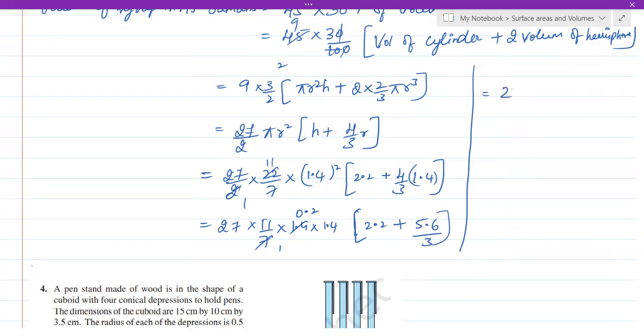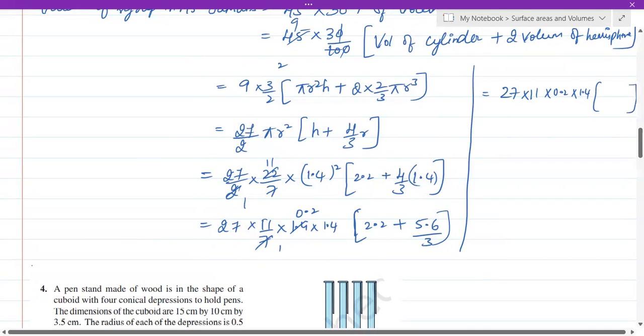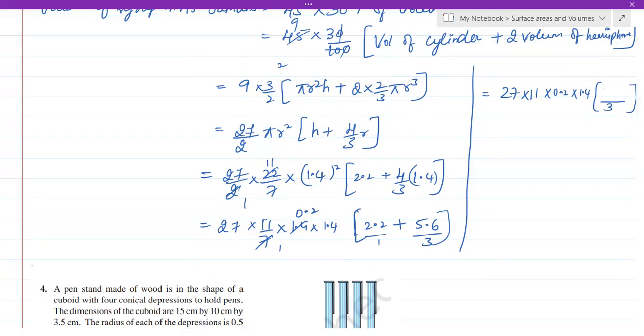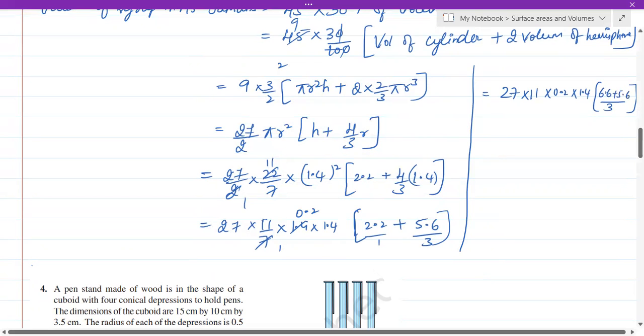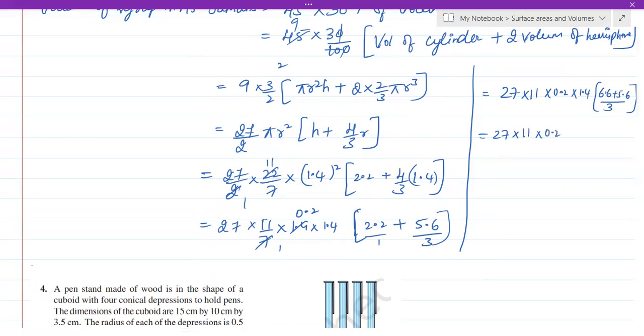So let me continue. 27 into 11 into 0.2 into 1.4. Here we must take LCM. This can be written as 2.2 by 1. So multiply the denominator, 3 into 1 is 3. 2.2 into 3 is 6.6 plus 5.6. That becomes 12.2, isn't it? By 3. So 3 ones are 3, 3 nines are 27. So what we are left with is 9 into 11 into 0.2 into 1.4 into 12.2.